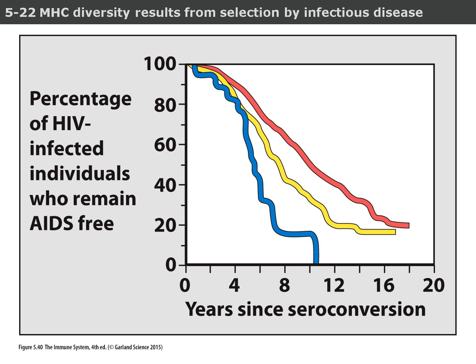Each curve represents a group of individuals with different MHC class I alleles. Those with certain alleles, shown in red, experience a slower progression to AIDS, maintaining higher AIDS-free survival rates for up to 2 decades. Individuals represented by the yellow curve show intermediate progression, while those in the blue group progress to AIDS more rapidly, with fewer than 20% remaining AIDS-free by year 10.